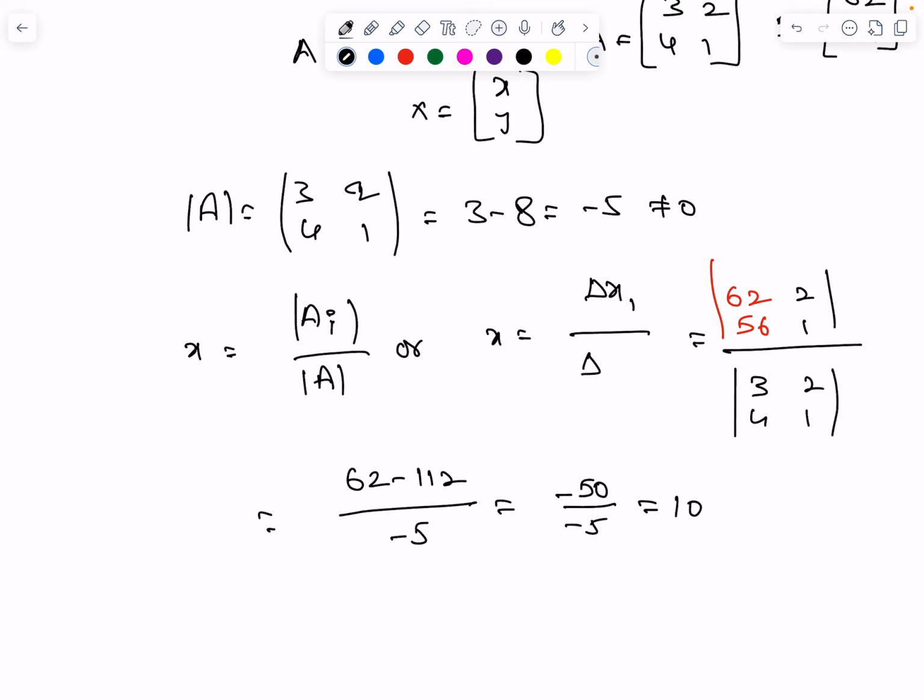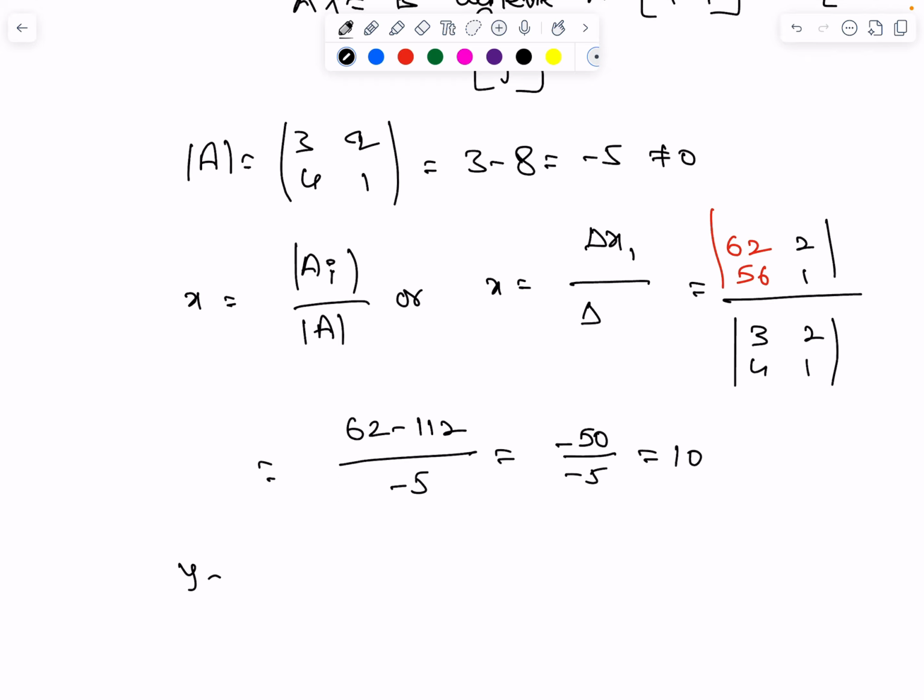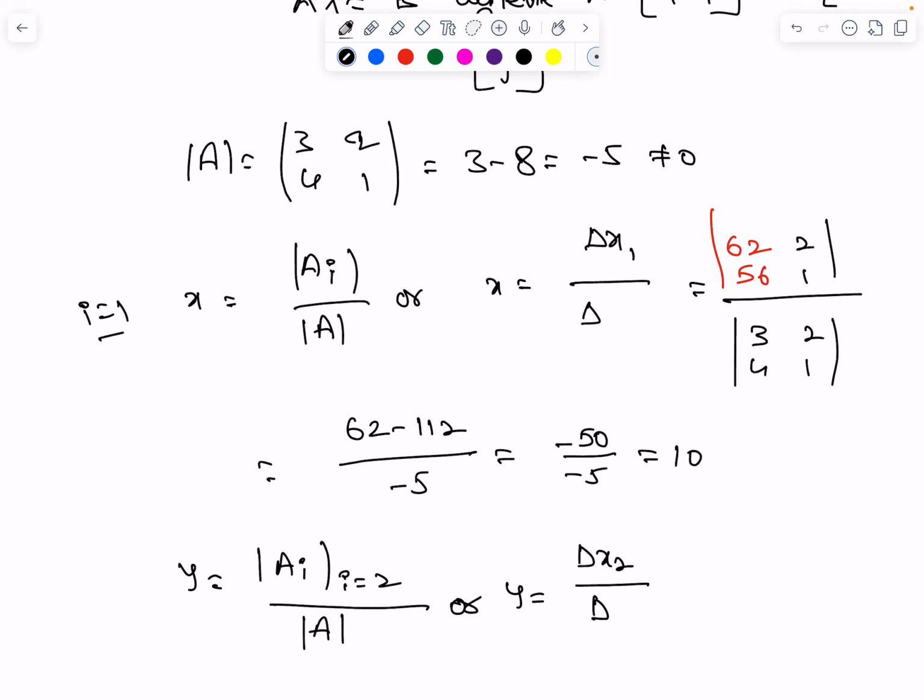It is equal to 10, and y is equal to del y divided by del.